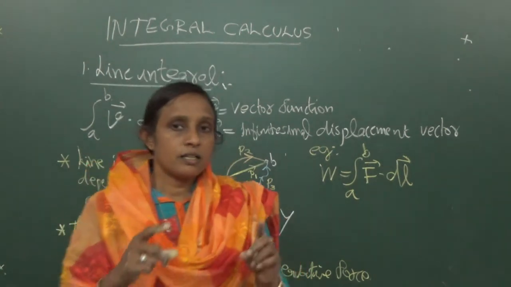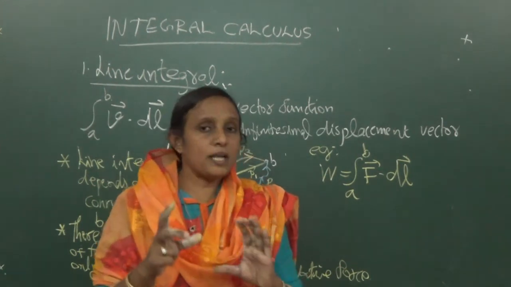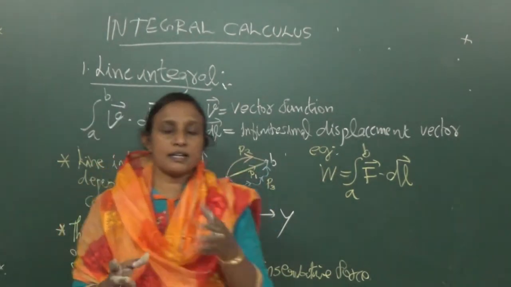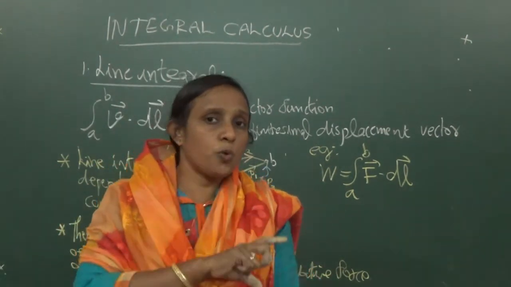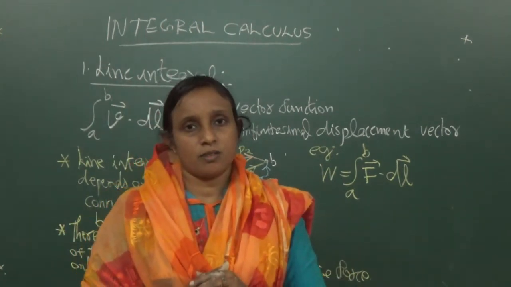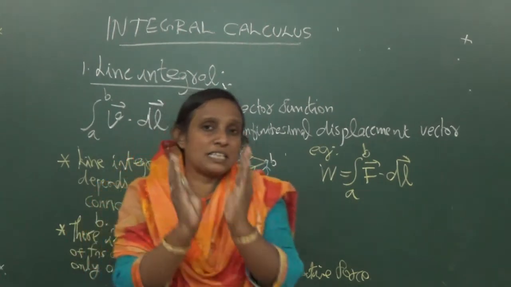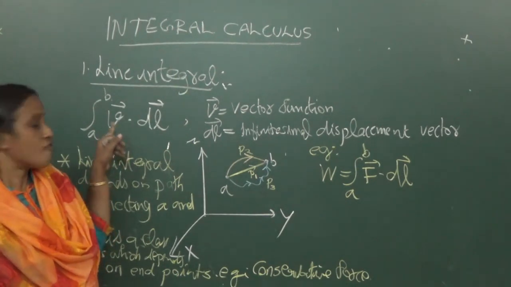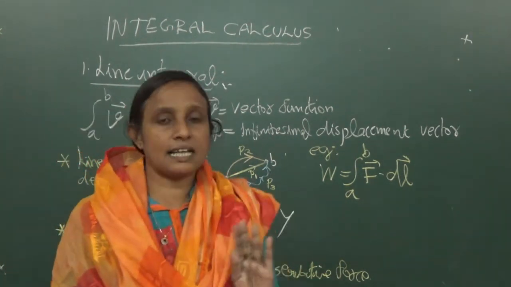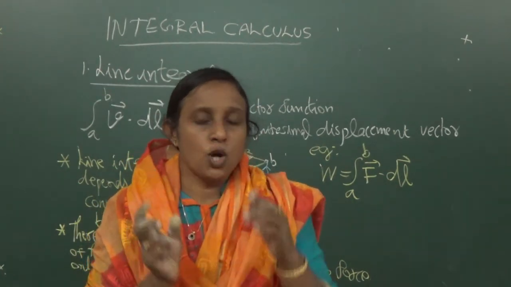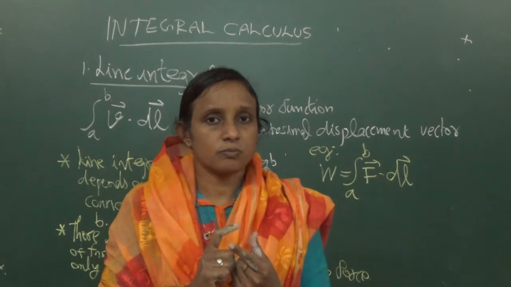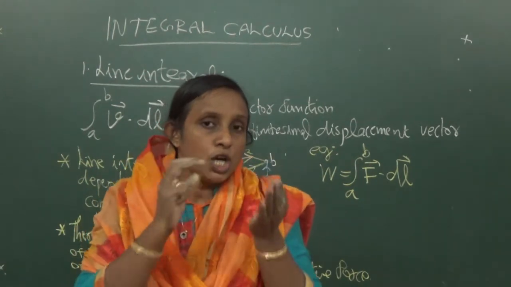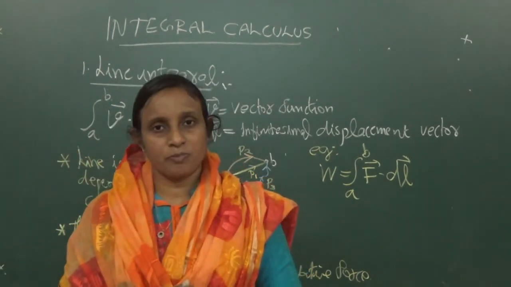In general, the line integral depends on the path connecting the two points A and B. At the same time, there is a special class of vector functions V such that their line integral depends only on the endpoints, only on A and B. Then it is independent of the path chosen from A to B.